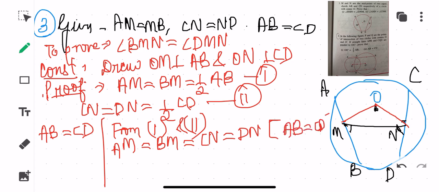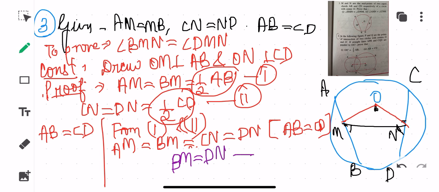If AB is equal to CD, then it is understood that this part will be equal to this part. So you are getting that. From this you take what is required. This implies BM is equal to DN. So write down BM is equal to DN, and take this as equation number 3.